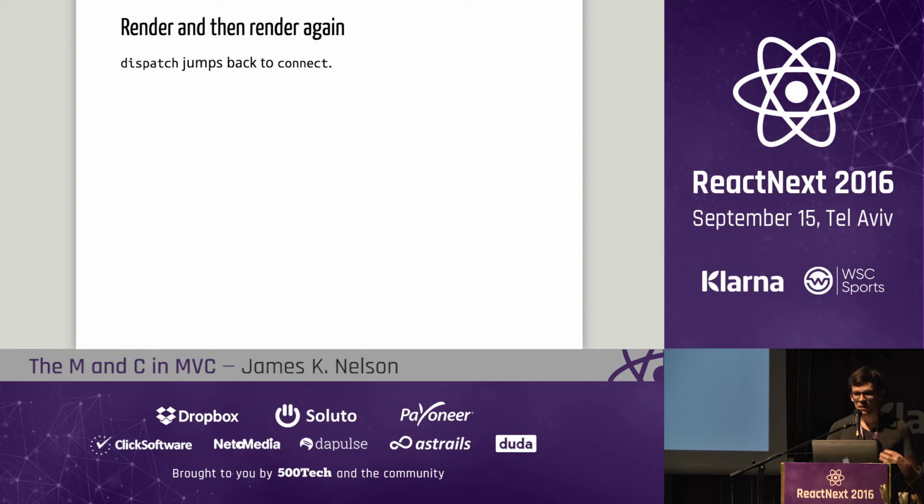The big problem here is that when you dispatch an action using Redux to fetch the invoices, which you don't have, what that's going to do is go back to the connect, and it's going to re-render everything within that connect.